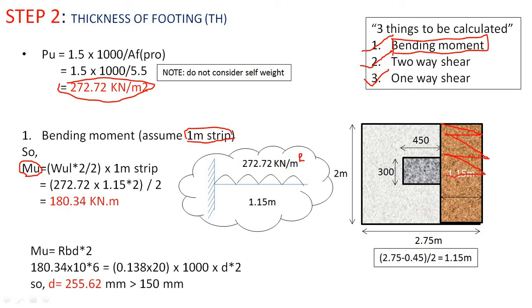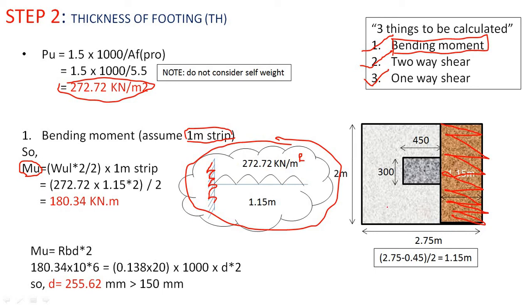We have to take this much part for the calculation of bending moment. So here this portion is given. I have cut it and placed over here. The H portion you can see, this is the face of the column. And here is the load. So the load is 272.72 kilonewton per meter square, and the length distance is 1.15.